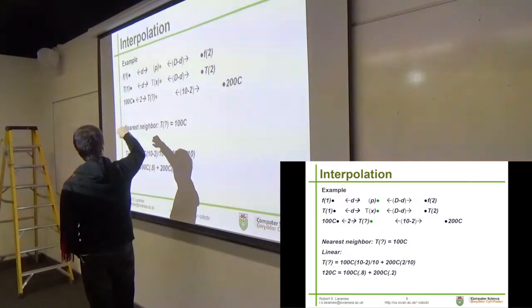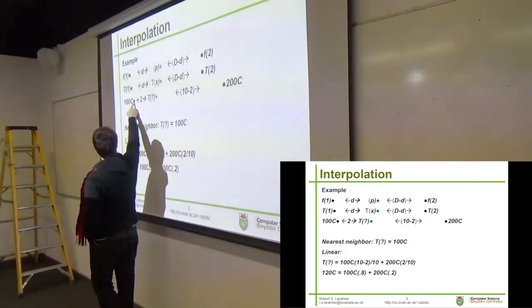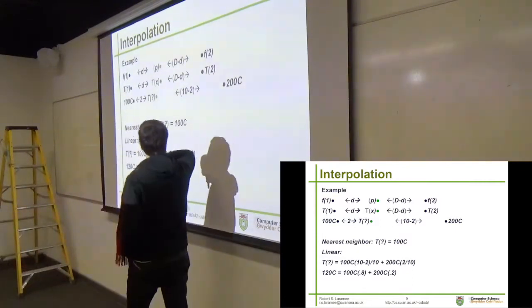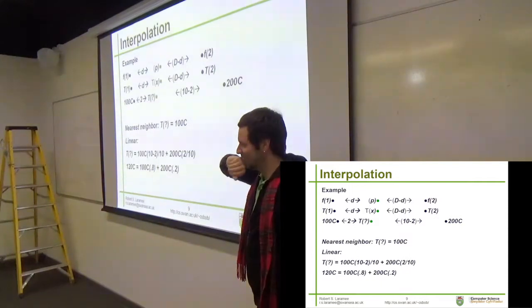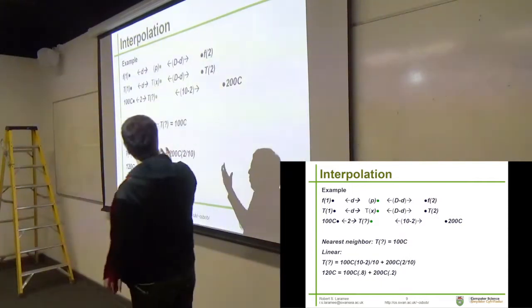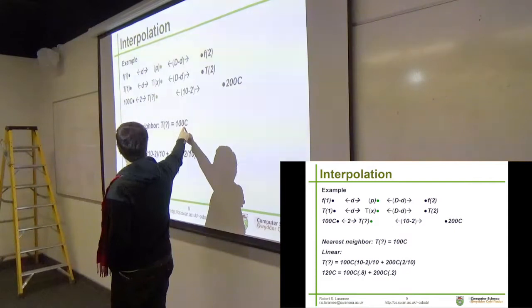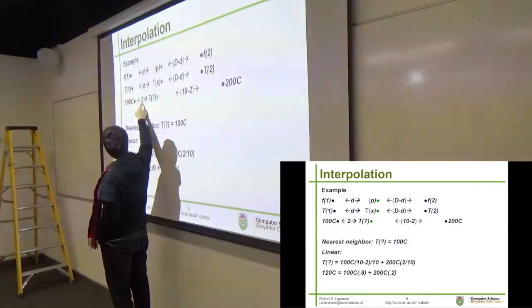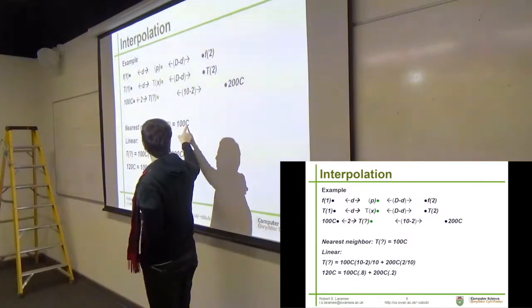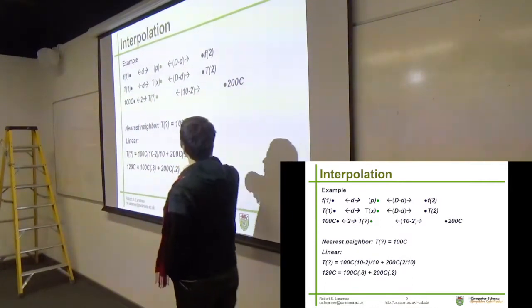This is where that analogy starts working. If I have a temperature of 100 degrees in Swansea, and then 200 degrees in Cardiff, and if I use nearest neighbor interpolation, and I'm only a distance of 2 away from Swansea, then I just take the value at Swansea, 100 degrees Celsius.